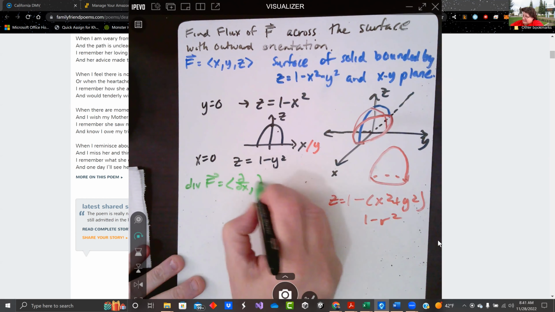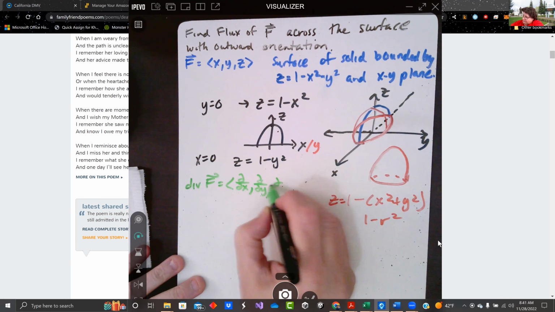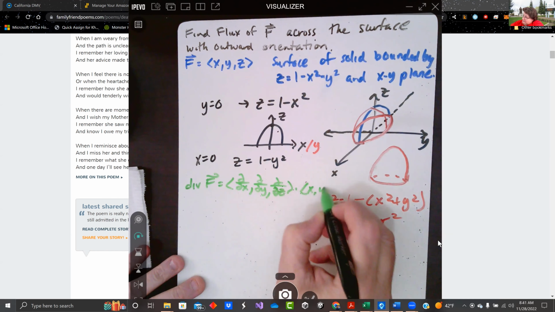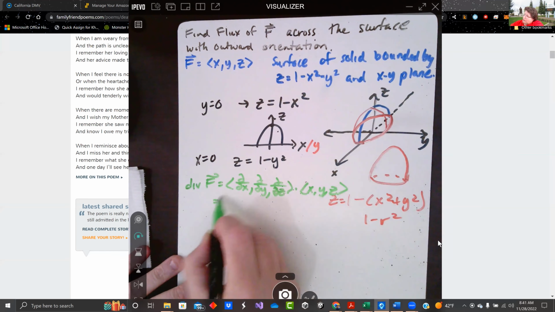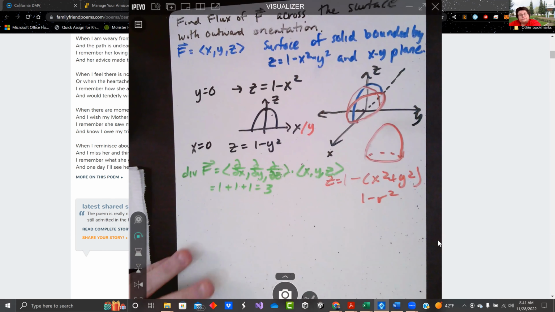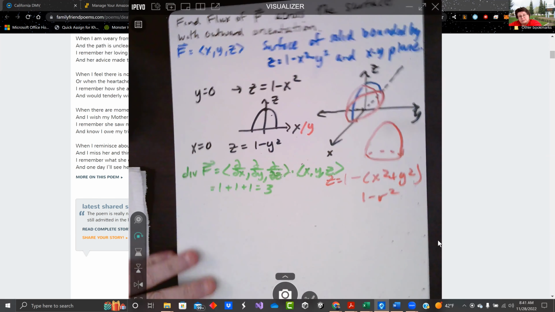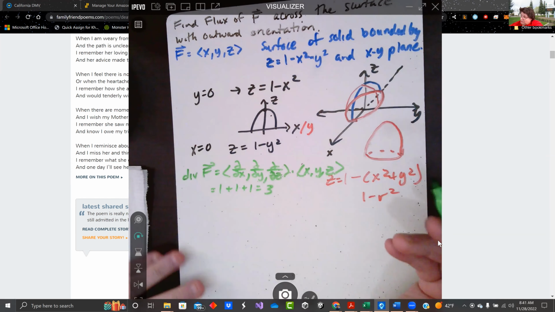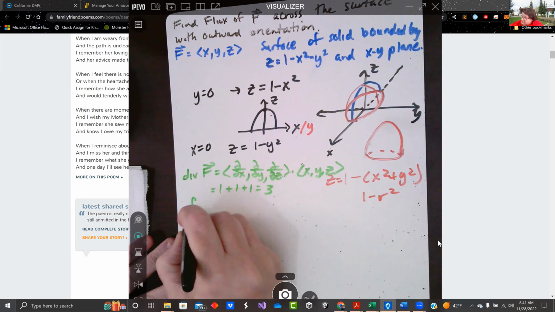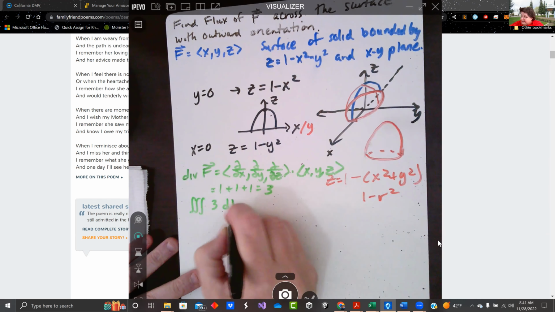Remember, we're doing ddx, ddy, ddz of x, y, z. 1 plus 1 plus 1 is 3. So our integral is going to be the triple integral of 3 dv.